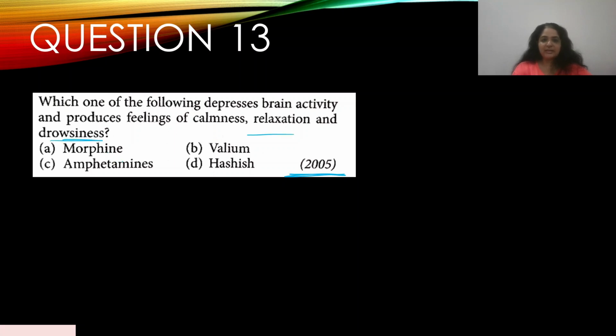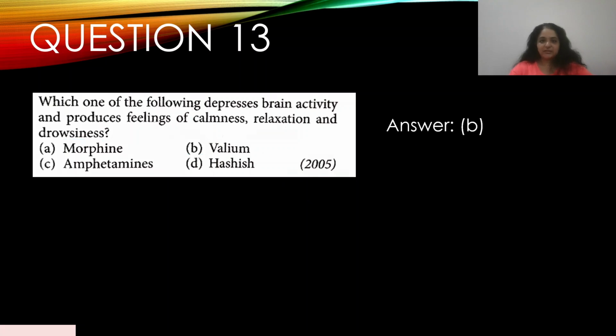It could be either A or B, and I've done some research on this, and probably in this case, B is the right answer. It's Valium. Morphine is also used as a sedative. Valium is not used as a sedative; it's used as an anti-anxiety medicine by psychiatrists. Answer is B.